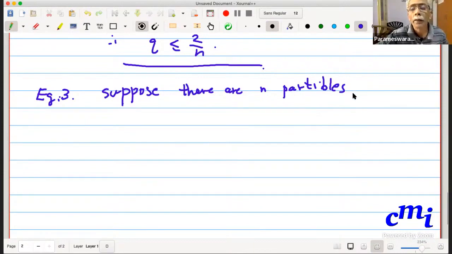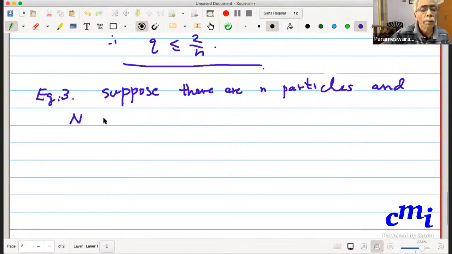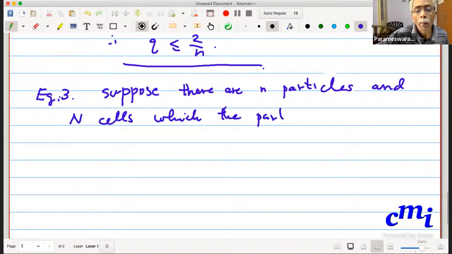And N, let's say, cells which the particles can occupy.